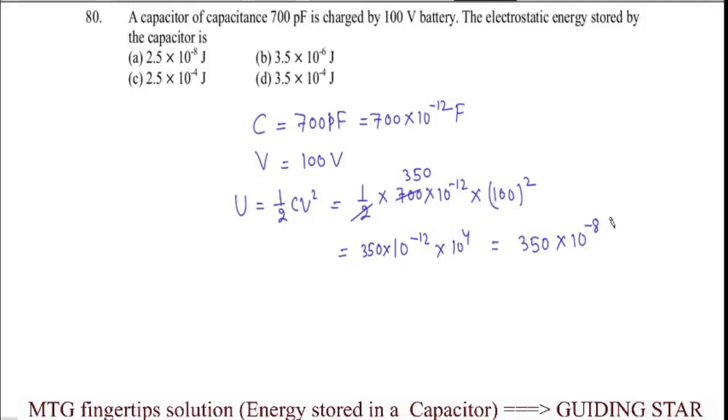So energy stored will be 350 into 10 to the power minus 8 joule, or if we just try to write, it will be 3.5 into 10 to the power minus 6, just dividing and multiplying by 100. So 3.5 into 10 to the power minus 6 joules. Option A is 2.5, option B is 3.5 into 10 to the power minus 6, so option B will be the correct one. C is wrong and D is also wrong, as it is 10 to the power minus 4.